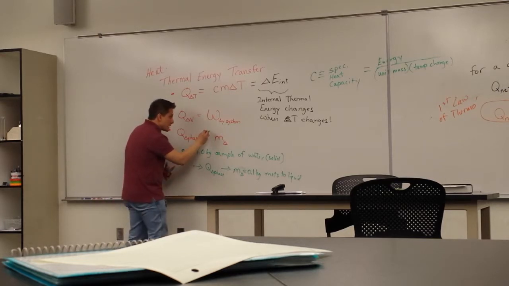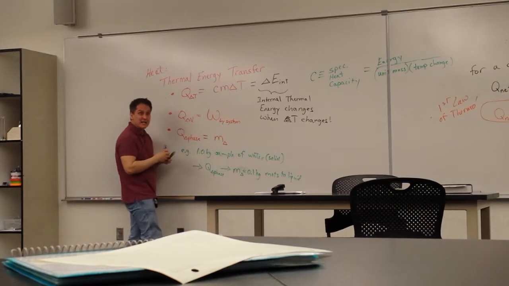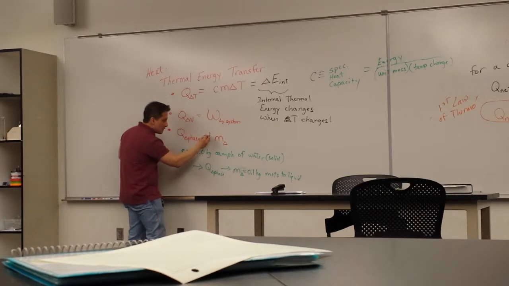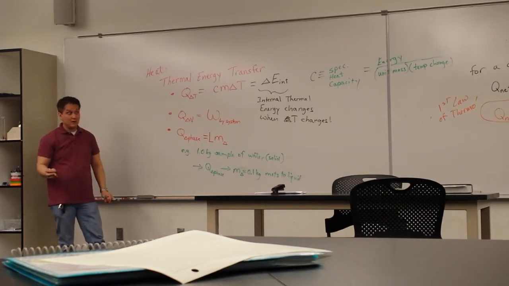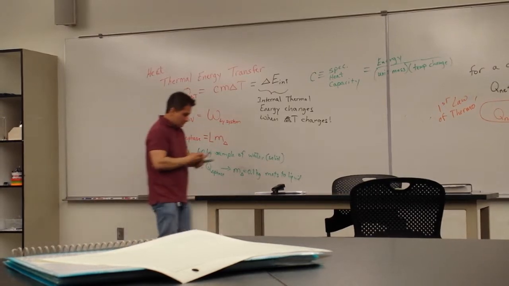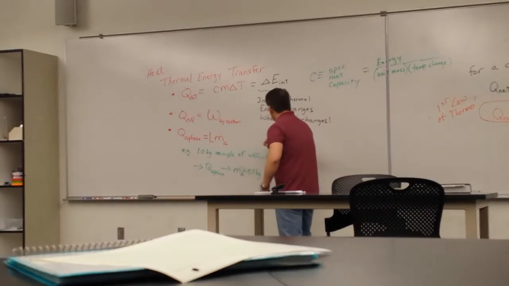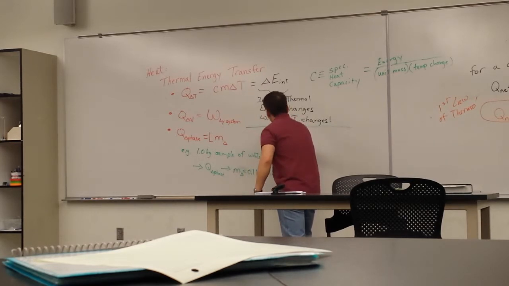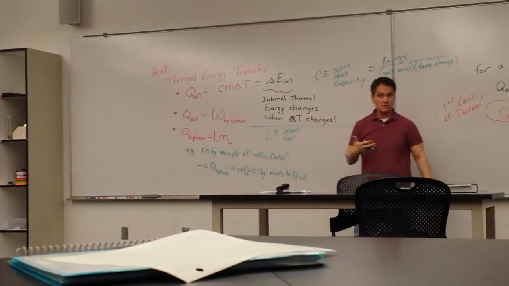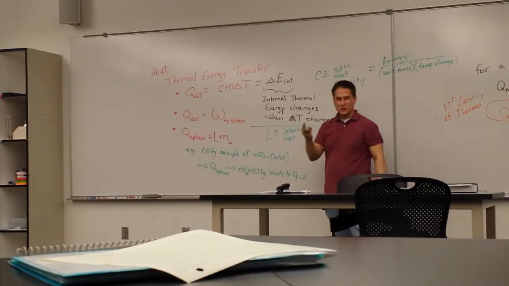This one's referred to as the latent heat property. We'll use a letter L for that. In this case, L is referred to as the latent heat, or latent heat constant.